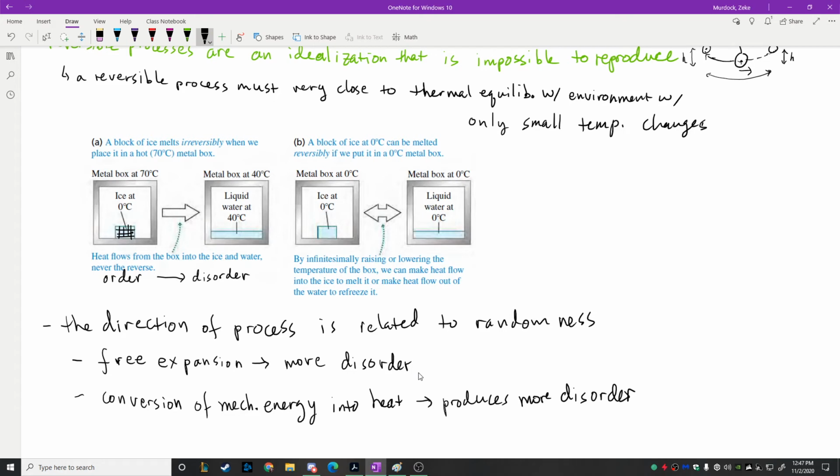With liquid water, the molecules are now zipping around all over the place, right? They're moving all over the place, and that means they are more disordered, basically. This increase of disorder is measured through entropy.